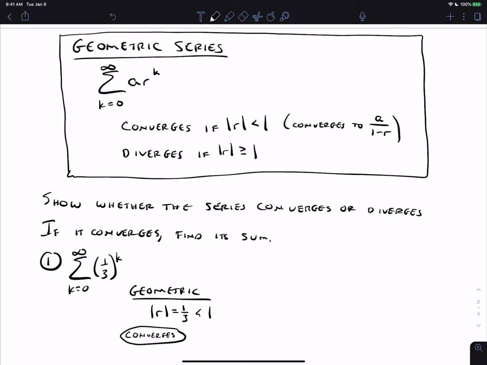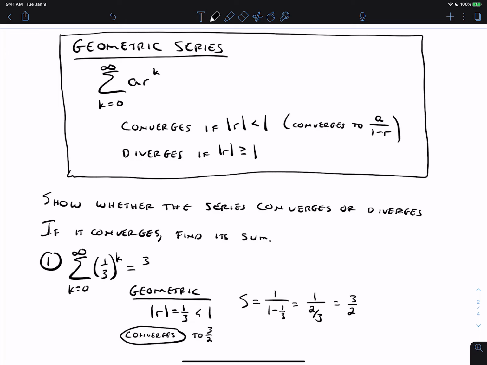Now, if it converges, we're asked to find the sum. So the sum, we'll just call it S, is equal to A over 1 minus R. Well, here A is 1, R is 1/3, and so it's 1 over 1 minus 1/3, which is 1 over 2/3, and then that's 3/2. So this is the proof that it converges to 3/2.